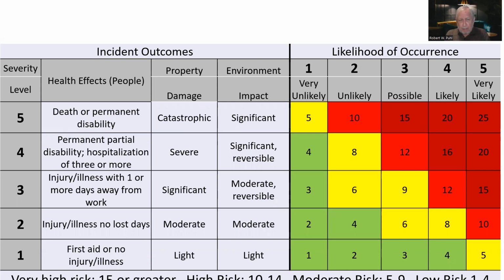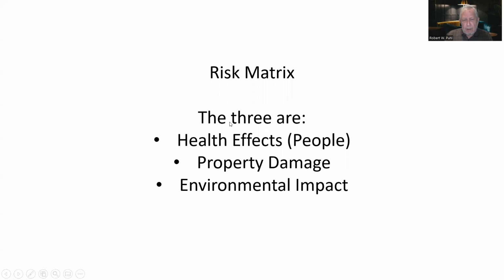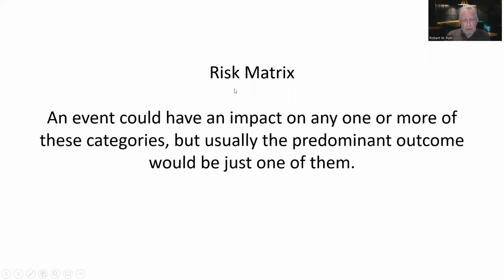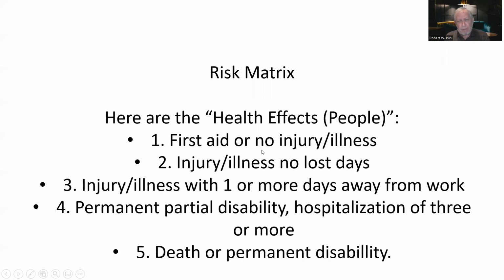You might have environmental or property damage, which might not be just health effects on people, or it could be a combination. An event could have an impact on any one or more of these categories, but usually the predominant outcome will be just one of them.